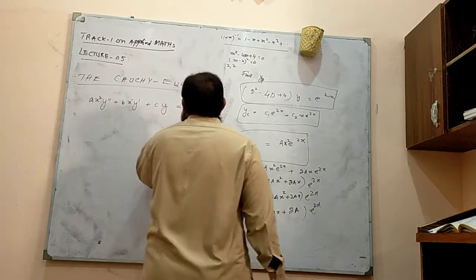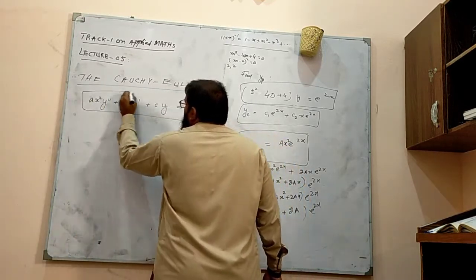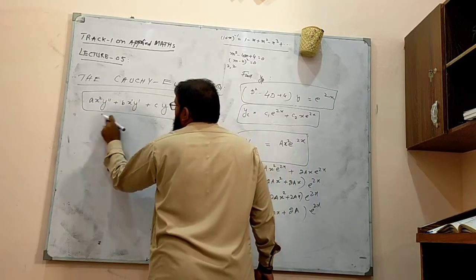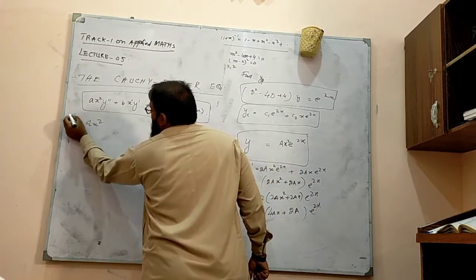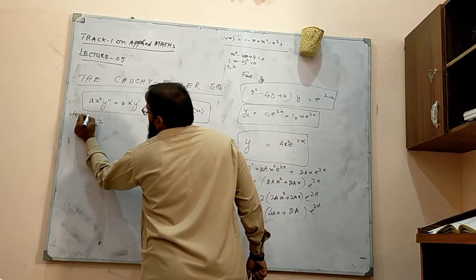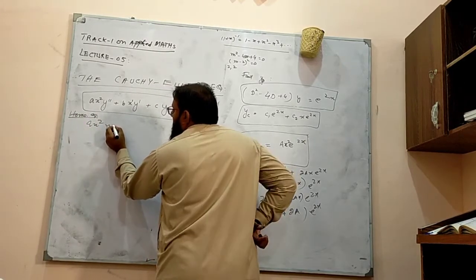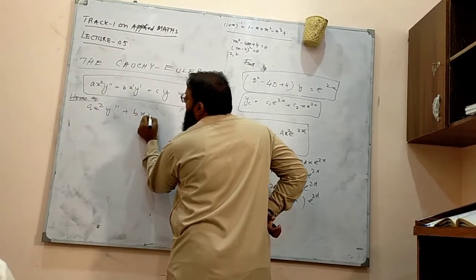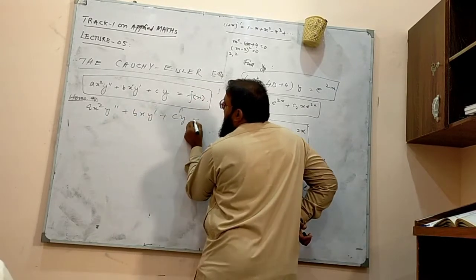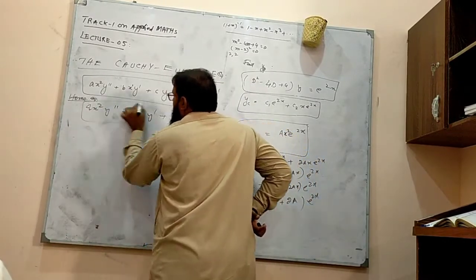So the first thing is that again we will solve the corresponding homogeneous equation. So the corresponding homogeneous equation would be a x square y double prime plus b x y prime plus c y equals 0.